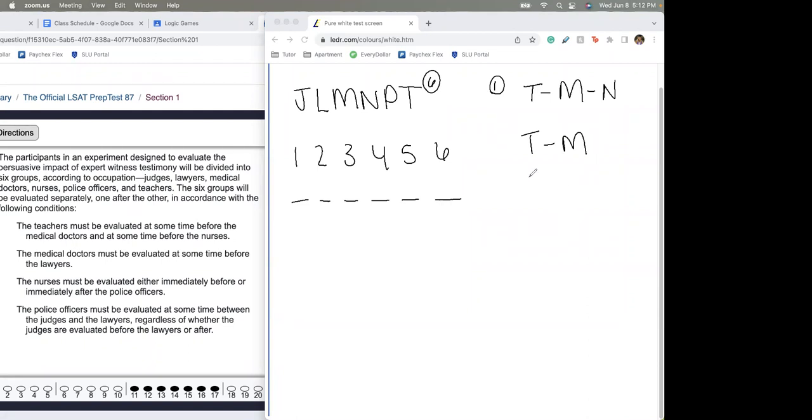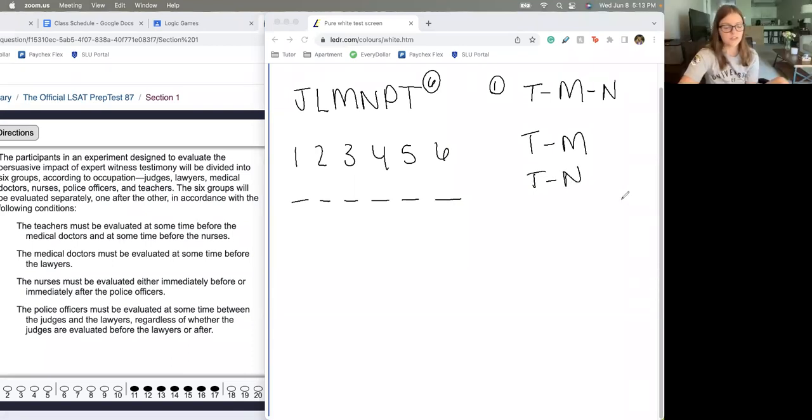I wouldn't do M dash N because M and N can come in any order, it doesn't matter. The T just has to be before both of them. So having them separate would represent the rule a little bit better, at least for the way I would see it. So something like this.